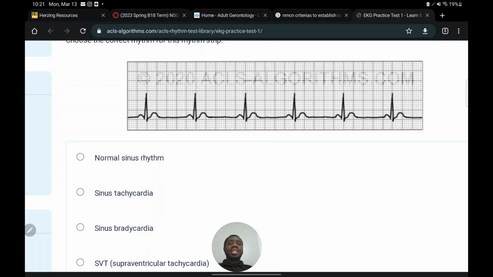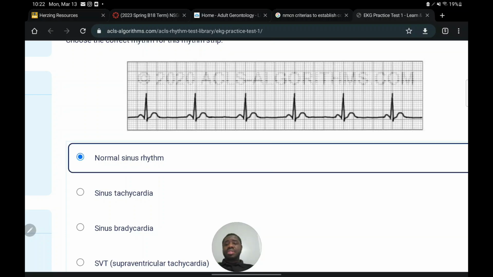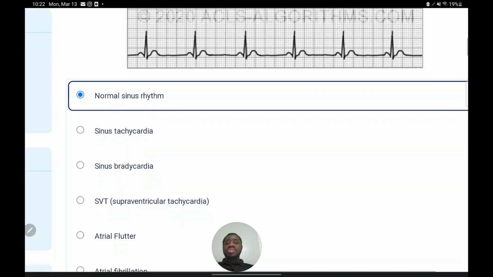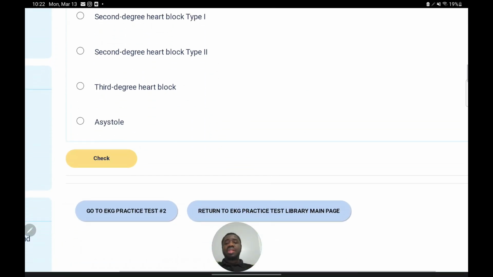So we can say that the PR interval is 0.8, and in this rhythm the graph is normal sinus rhythm. The P wave is present, the QRS complex is there, the T wave is there, and the rhythm is regular. So this is normal sinus rhythm.